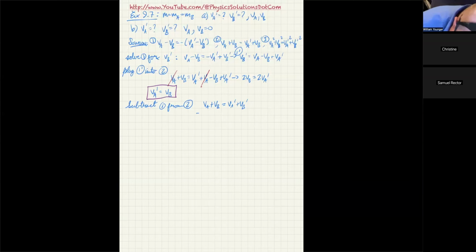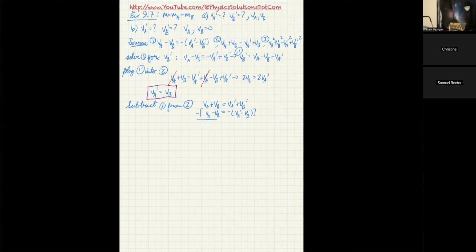Now remember when you subtract that you've got to distribute that negative. So for instance, I'm taking the left-hand side of equation 1, which is VA minus VB, and I've got to distribute that all over the whole thing here. So I'll take out these parentheses for right now and just put a big square bracket around here because otherwise we're going to have a bunch of brackets. And then this is minus VA prime minus VB prime, like that.